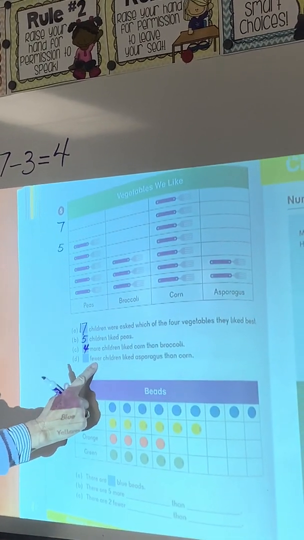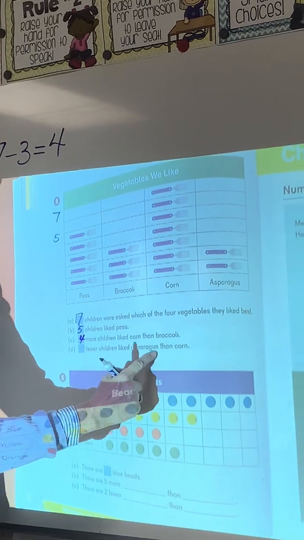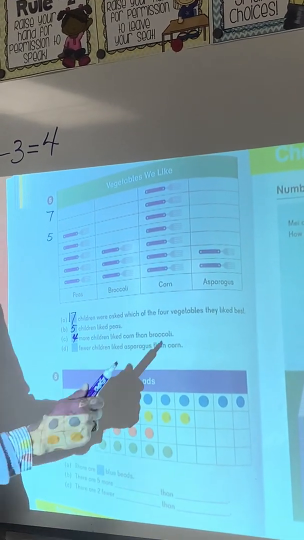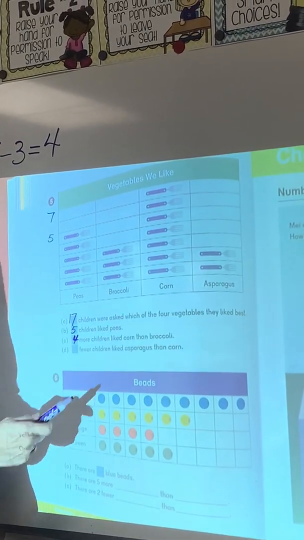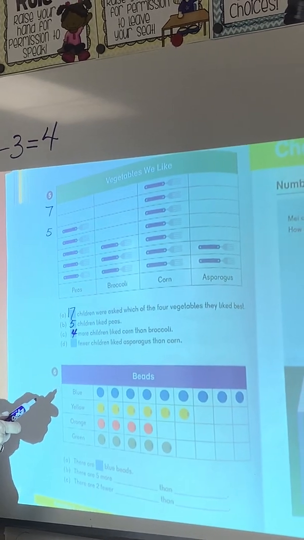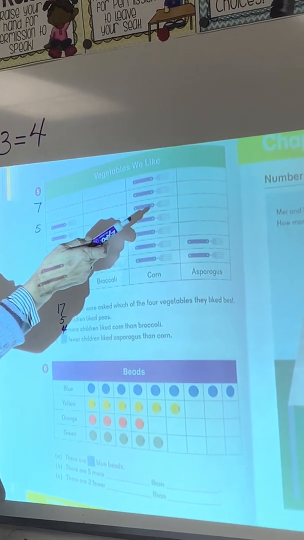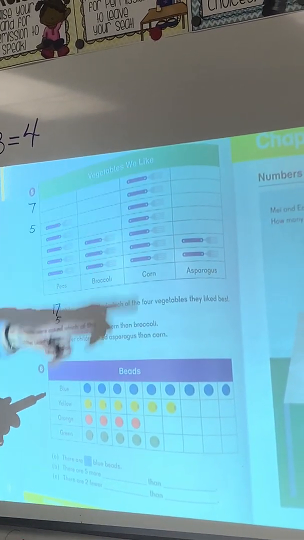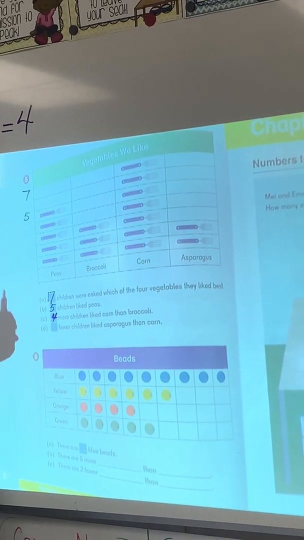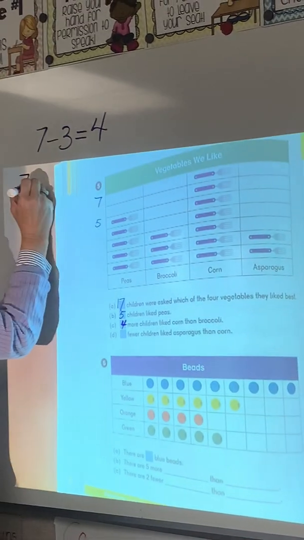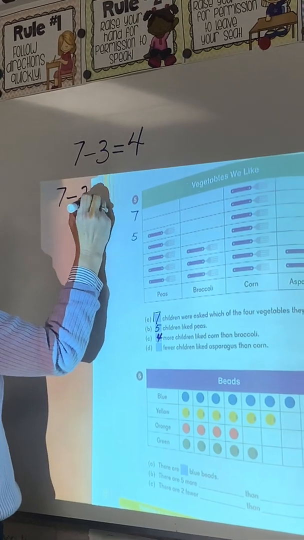Blank fewer children liked asparagus than corn. Asparagus, there were only 2 children that liked it. And corn is the favorite, isn't it? Corn is the one that has the most. So we take 7, take away 2.